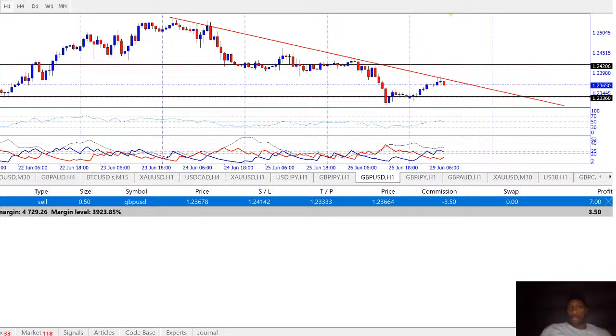So that's what I'm selling. If it breaks this trend line, goes up, the trade will probably be invalid for the sell right now, and I'll get stopped out, which is cool. But right now we're still in a downtrend, so I'm looking for sell moves.